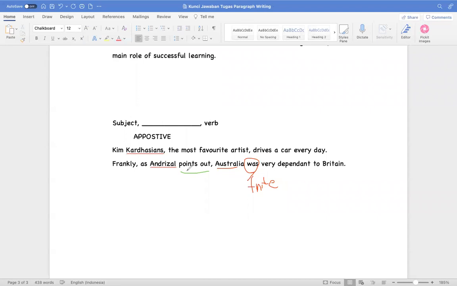So be more careful if you have a sentence like this. Be careful about appositives. The indicator is that an appositive is usually bracketed by two commas. Okay, so let's continue our discussion.